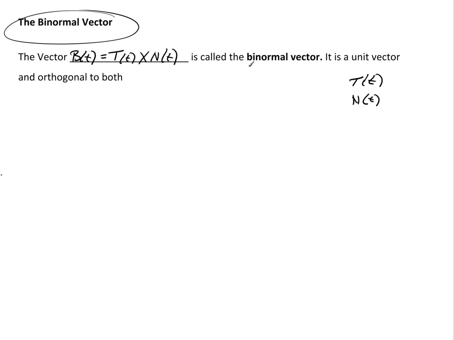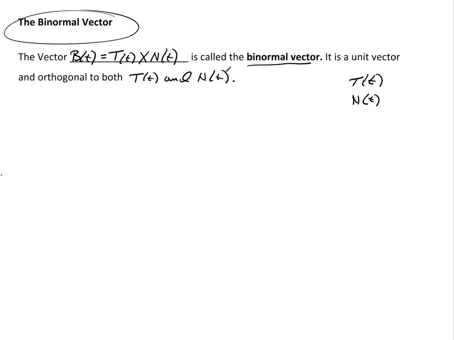And it's called the binormal vector. It is a unit vector, and it's actually orthogonal to both t of t and n of t. So the binormal vector is orthogonal to both the unit tangent vector and the principal unit normal vector.